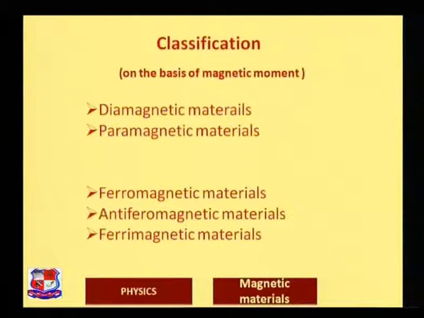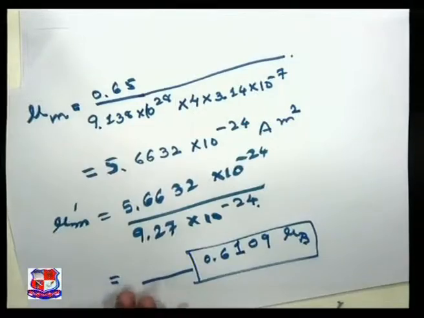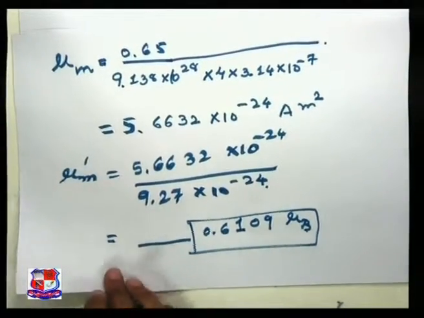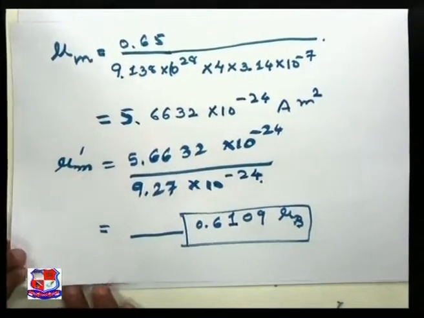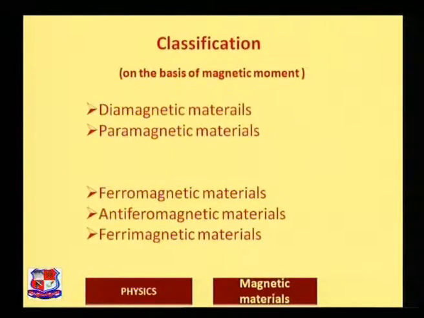What is the answer in terms of Bohr magneton? It is 0.6109 mu b, right? So the magnetic moment of the nickel is 0.6109 Bohr magneton. We can move ahead with another example.